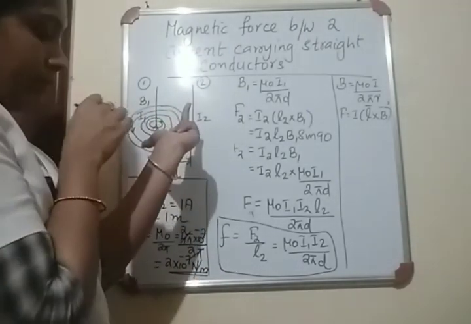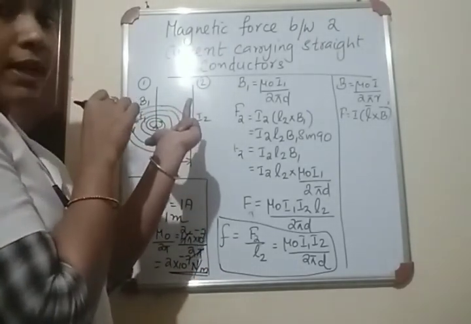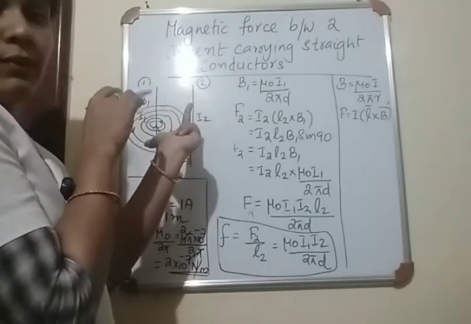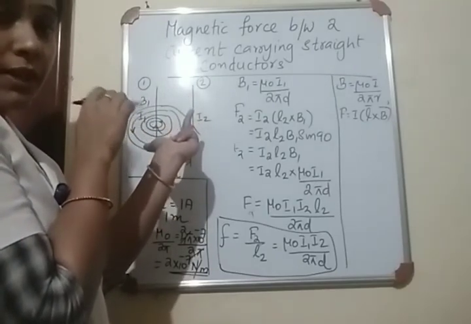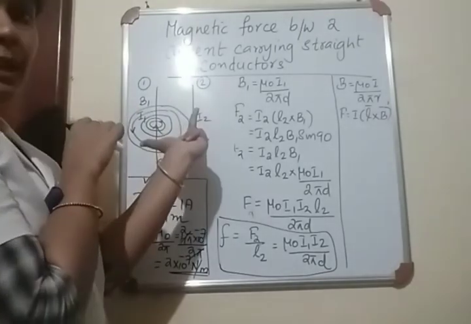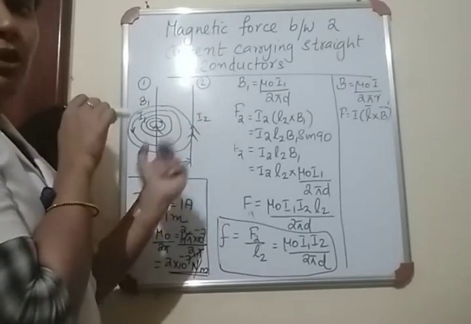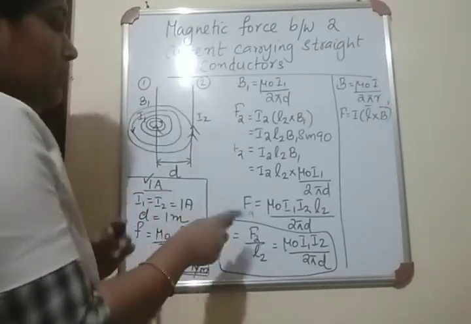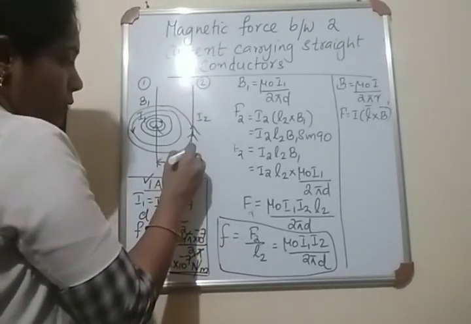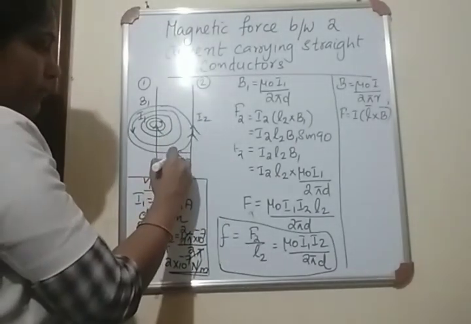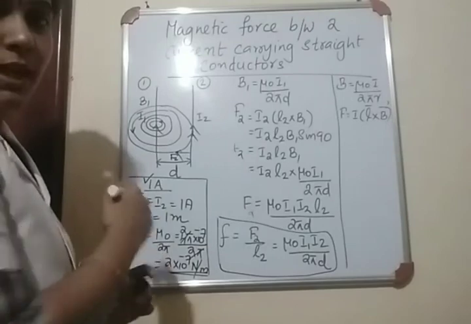So my forefinger is pointing into the board and my middle finger is along the direction of the current. Then what is the direction of thumb? Thumb is towards left. So what will be the direction of force? Force will be acting towards left. So the force experienced by the second conductor will be acting towards left.